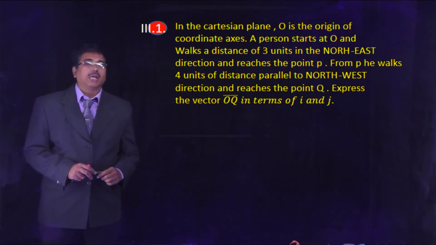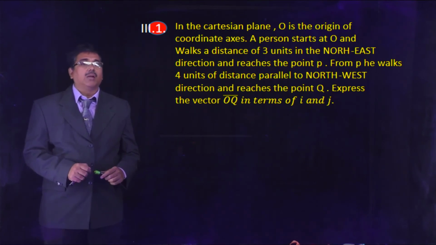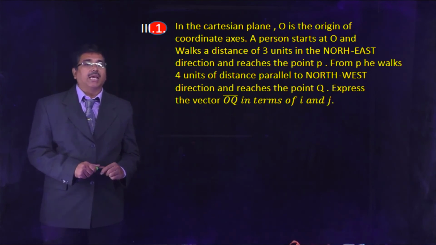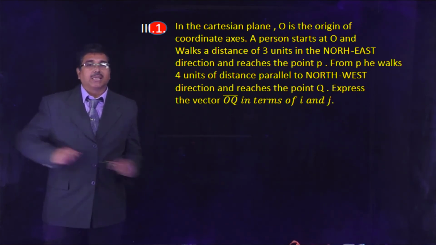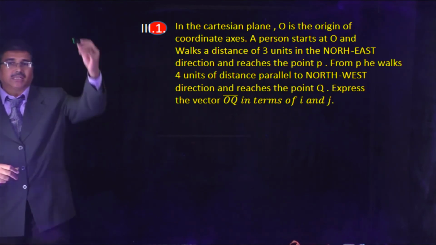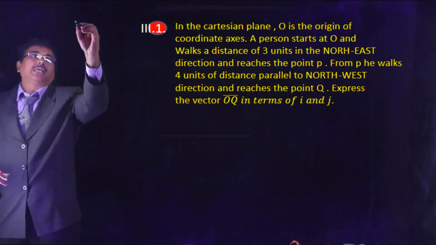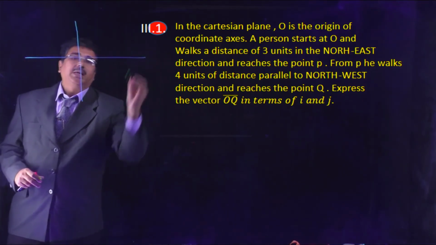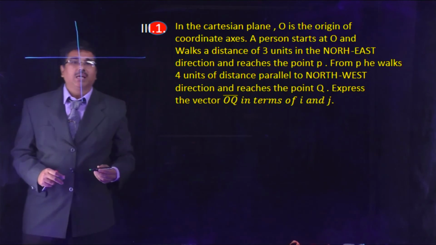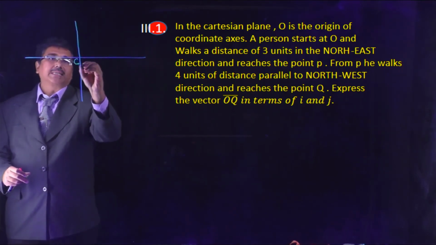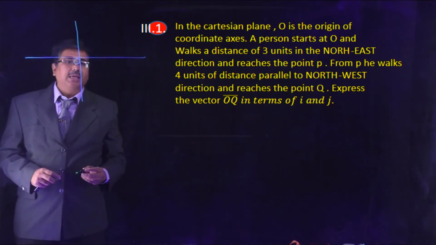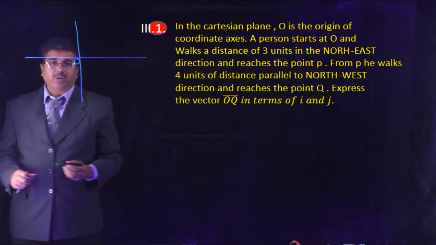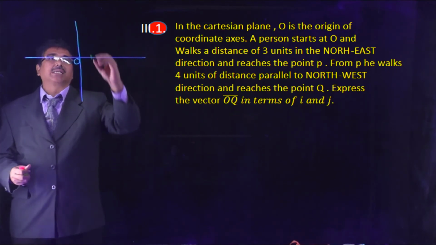A person starts at O and walks a distance of 3 units in the northeast direction and reaches the point P. Right, this is a Cartesian plane. O is the origin.